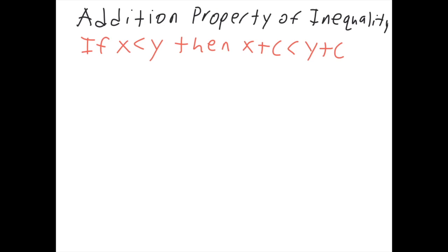So if we add the same number to both sides, just like with equations, the inequality still stands. And that also works for the other sign.